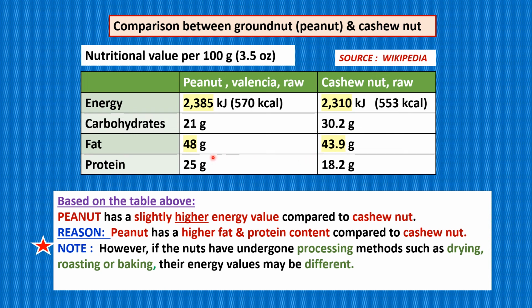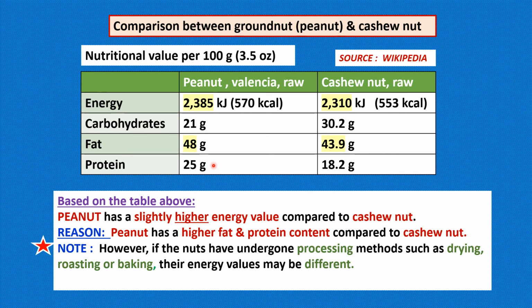For every 100 grams of the nut, there is 48 grams of fat. But for cashew nut, there's only 43.9 grams of fat. So peanut has more fat than cashew nut per 100 grams.